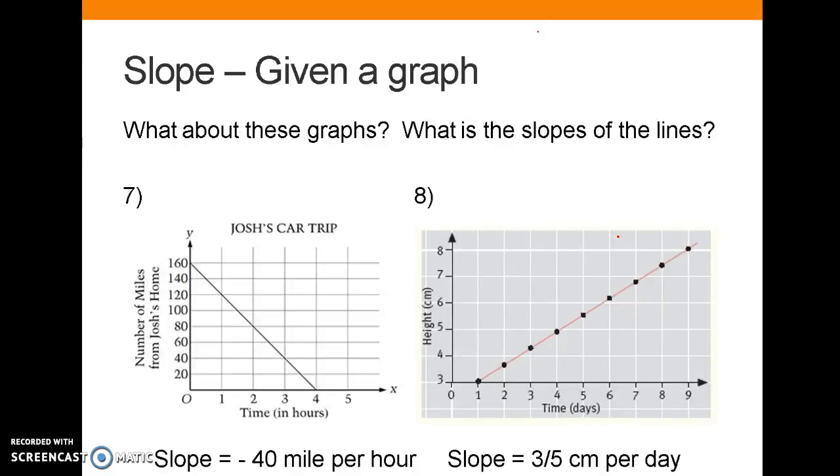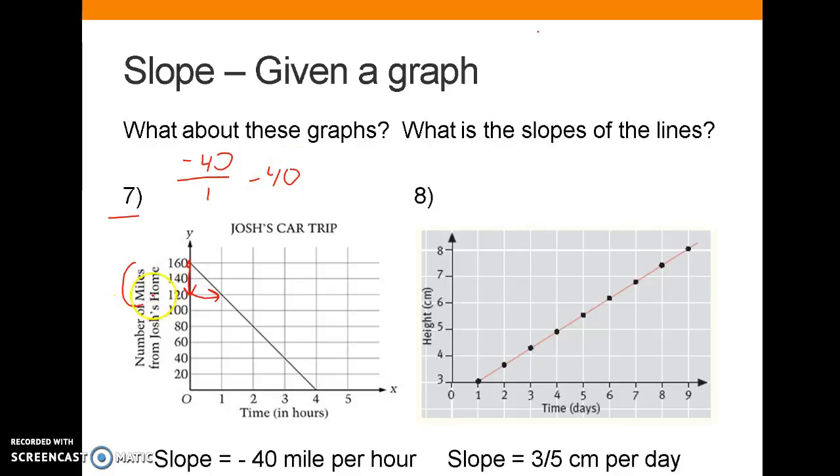So we can apply that to situations like these graphs. If I do rise over run here for number 7, I'm going to start with this point, and I'm going to go, let's say, to this point right here. That means I'm going to go down from 160 to 120. That's down 40, and I'm going to go over from 0 to 1. So the slope is negative 40, and I label it always with my y over my x.